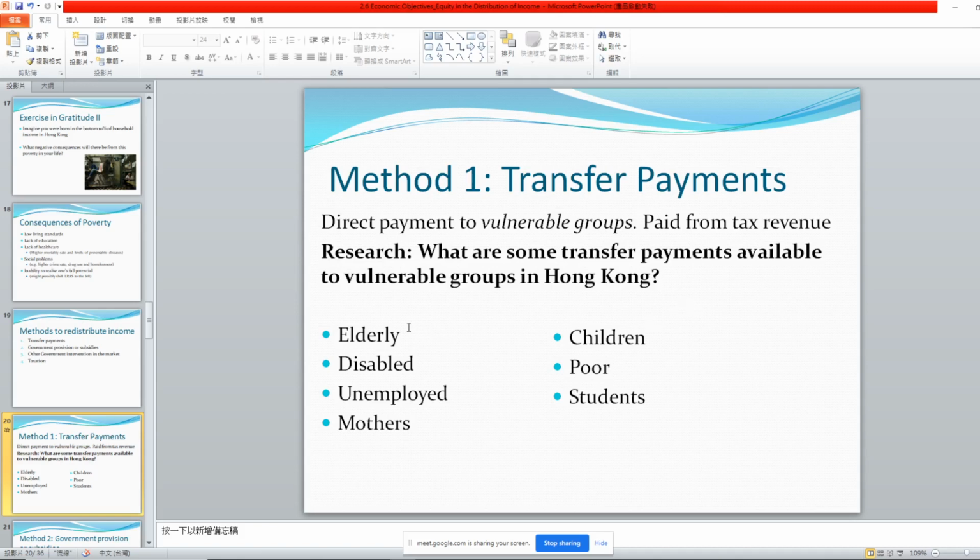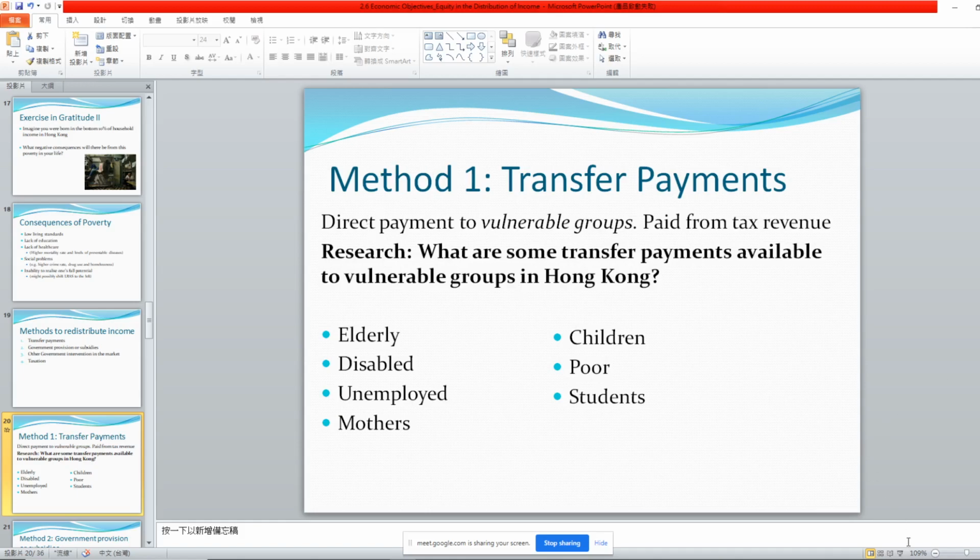If you have finished your research, then you'll be able to see what we have in terms of transfer payments in Hong Kong. We're trying to help those people to have a better living, so that they can afford a typical life in a society. So that's one method.